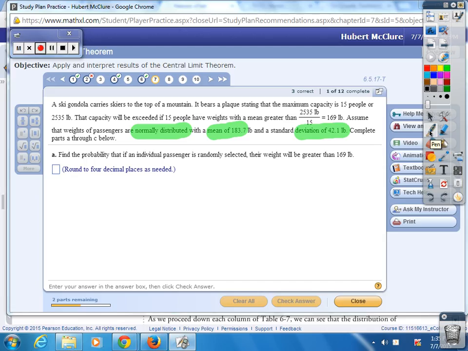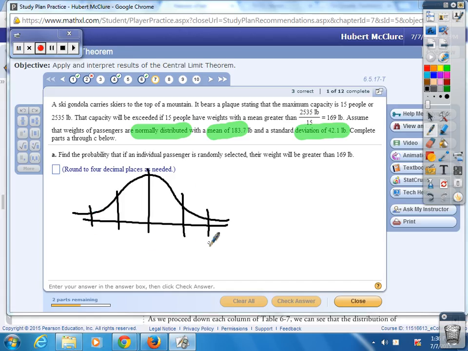So, the first thing we're going to do is draw a picture because we don't want to get confused with all that writing. Alright, so 183 is 184. 184 plus 42, so 184 would be 225, and 42 would be 66.